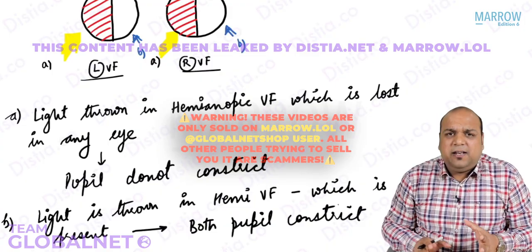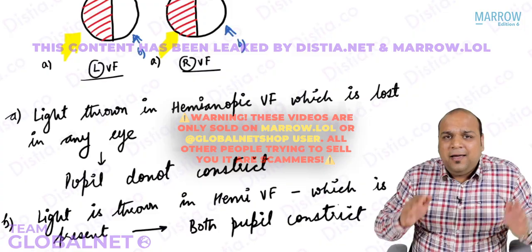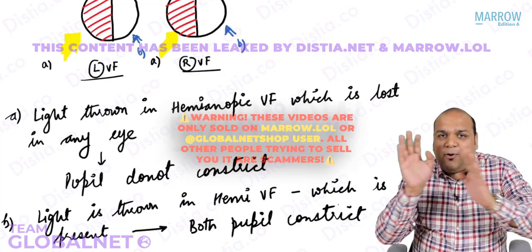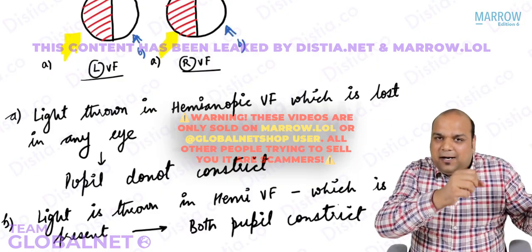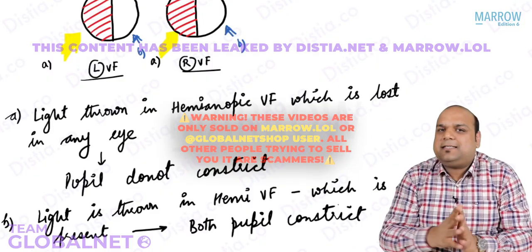If we write it, it becomes very long. If we understand it, it becomes very short. The hemianopia side, whether the left side or the right side, in both the eyes, throw light, no pupil constriction. The visible part, both eyes, pupil constrict. As simple as that, everybody.